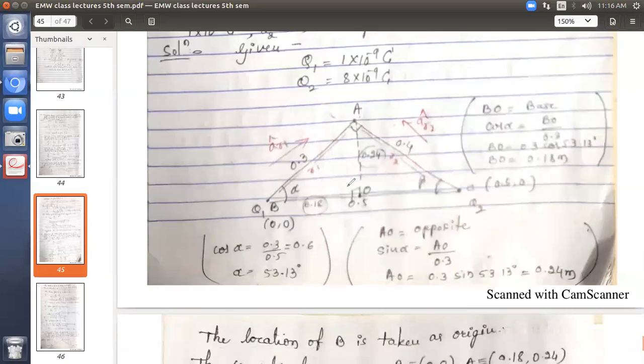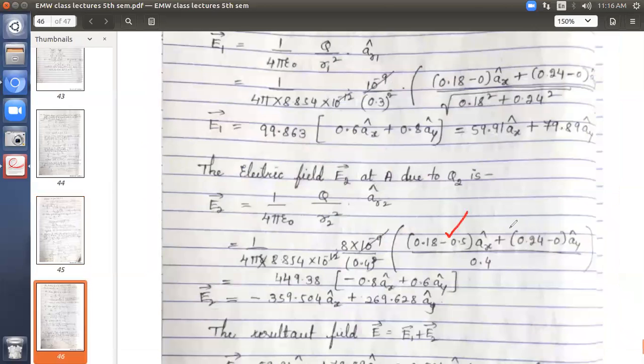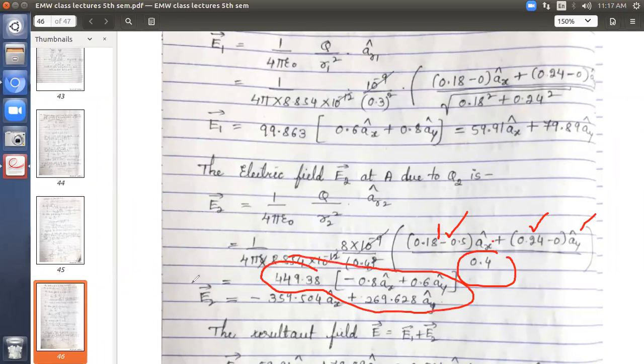So 0.18 minus 0.5 in the AX direction, 0.24 minus 0 in the AY direction. We don't have any Z, only two axes are there, horizontal and vertical, X and Y. And take the square root of whatever value you get from the subtraction squared, and 0.24 square. If you simplify, you will get the field E2.